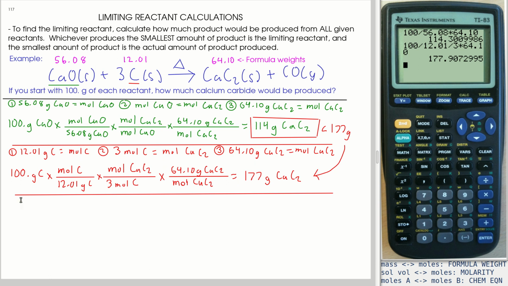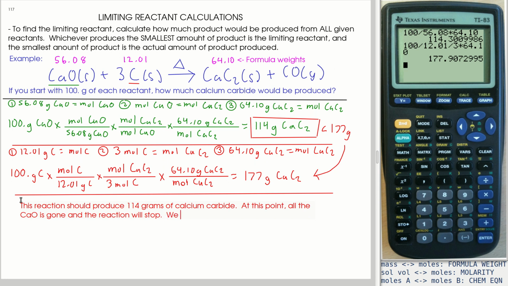So, in other words, this reaction should produce 114 grams of calcium carbide. At this point, all of the calcium oxide is gone, and the reaction will stop.